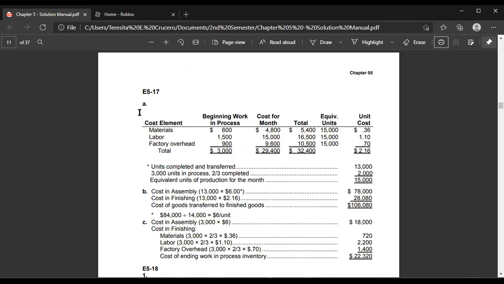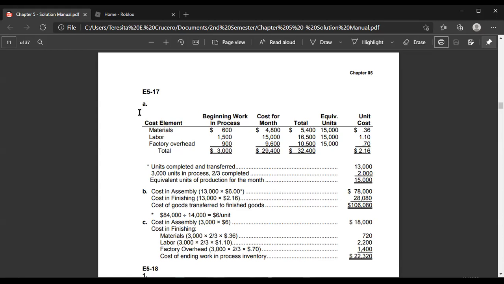During the period, 14,000 units were received from assembly, 13,000 units were transferred to the finished goods storeroom and 3,000 units were in process at the end of the period, two-thirds complete.